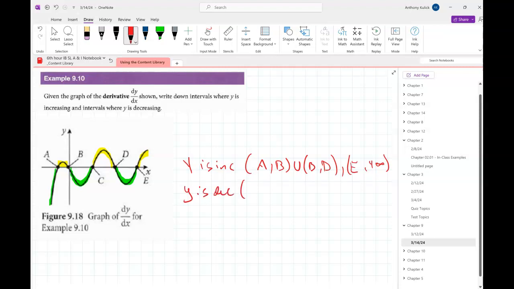And we'll say it's decreasing then from negative infinity to a, and then b to c, and then d to e. Everybody okay with that? Okay. That feels good to me.